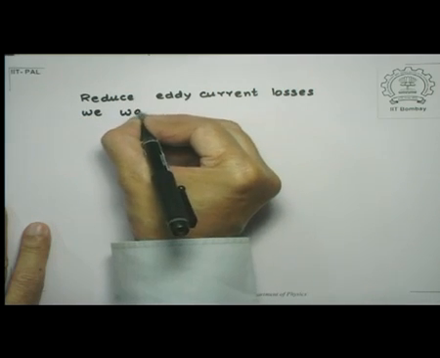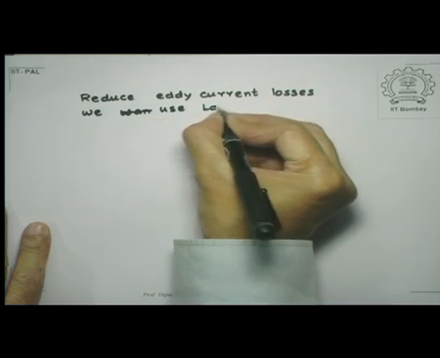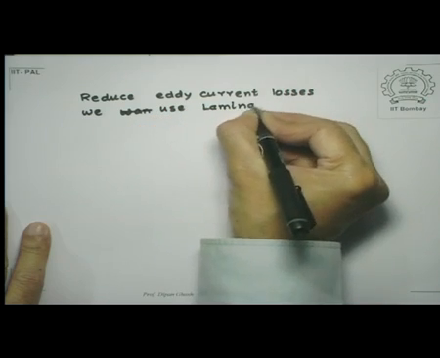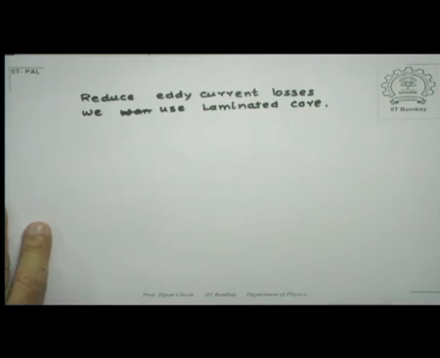I will explain what is a laminated core. See, what is done in a laminated core is instead of using a single block, I use layers of conductors which are glued to each other. So roughly the picture is as follows.